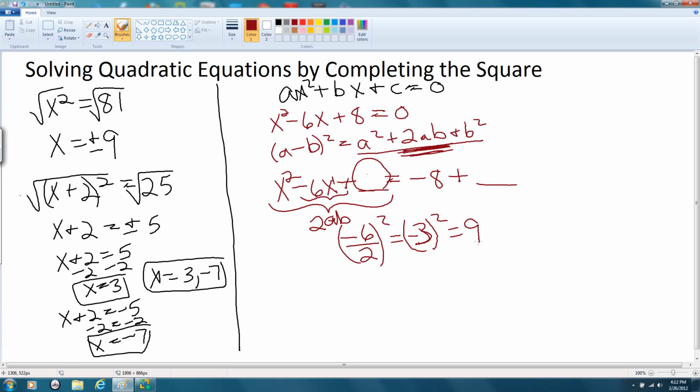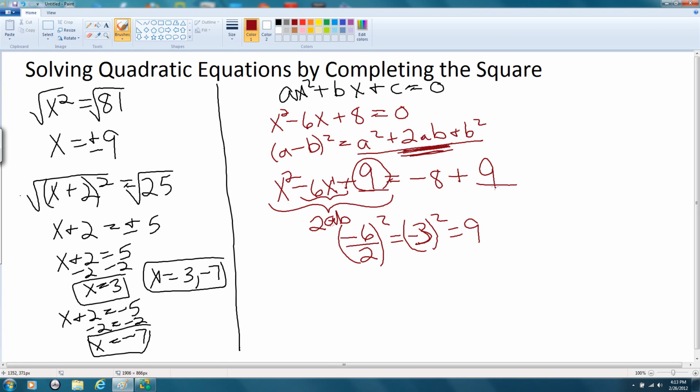So to get this, like this 2a thing, to be like the a, I need to divide it by 2, and then for this term, it's going to be this b squared. So that's the b I'm trying to get here. So I'm going to square this so it's 9, and hopefully that's making sense.